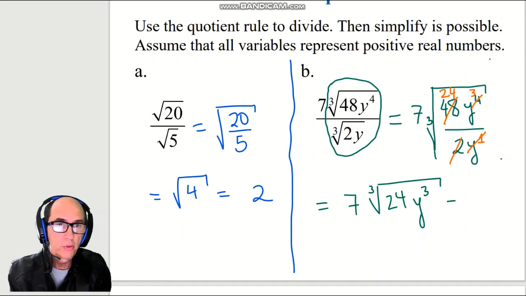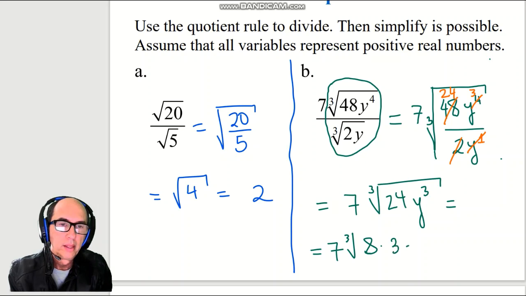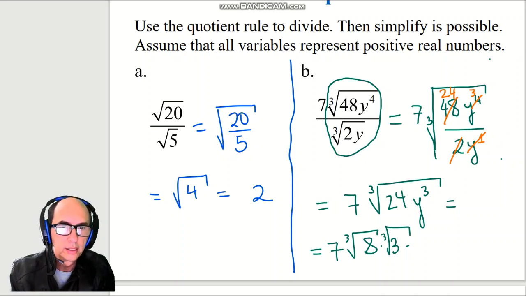We still can simplify more, because 7 cube root of 24 we can write as 8 times 3. And we can break down everything into separate cube roots, right? So let me write down here.